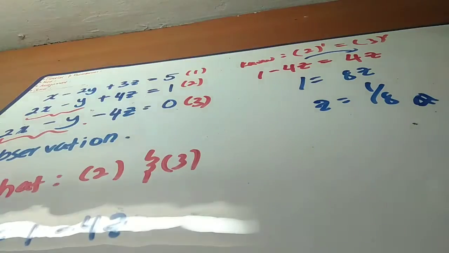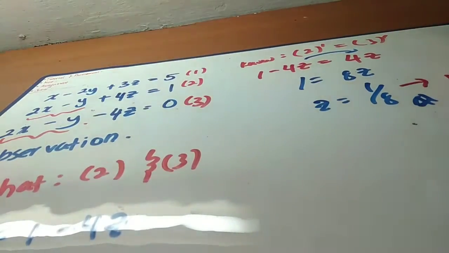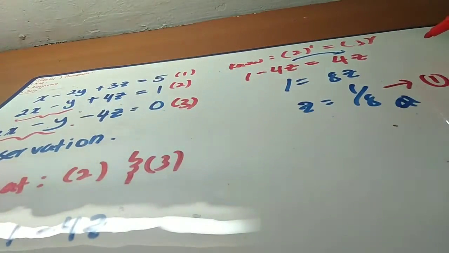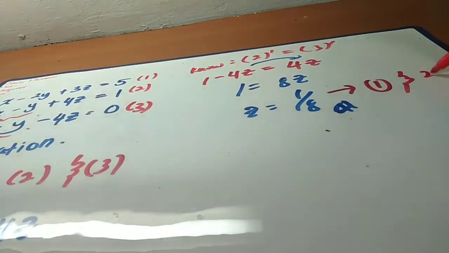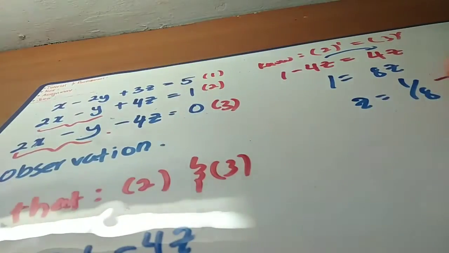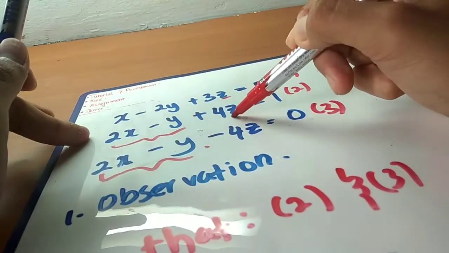Okay, and then what's next? Then we can substitute into equation 1 and equation 2. I substitute this z, 1 over 8, into equation 1 and into equation 2.